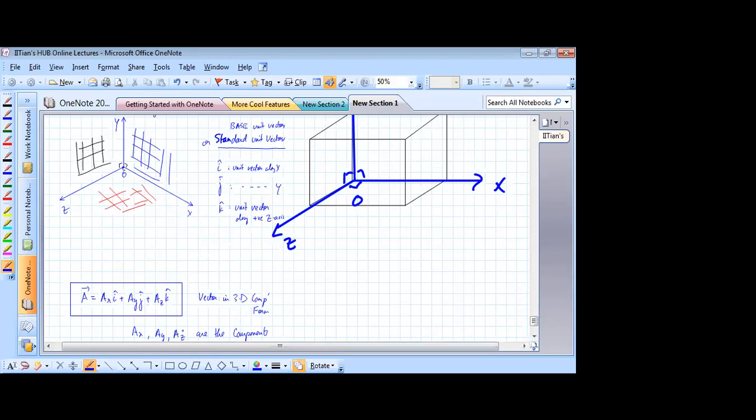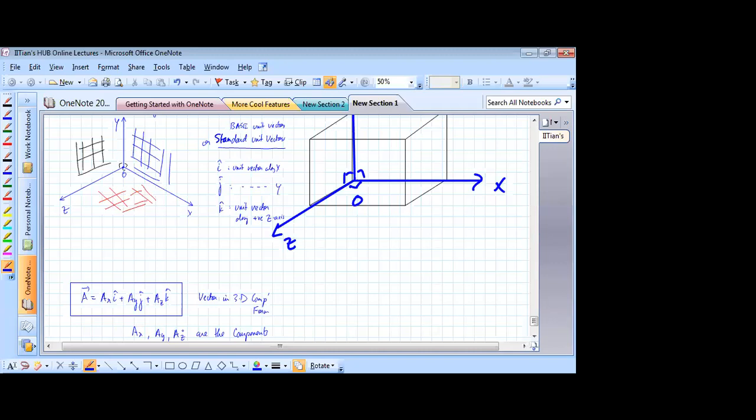Exactly the way I've drawn, that's the same way you have to do. Yeah, 3D vectors you cannot draw. That is why we do component algebra. You can only draw on a two-dimensional plane.